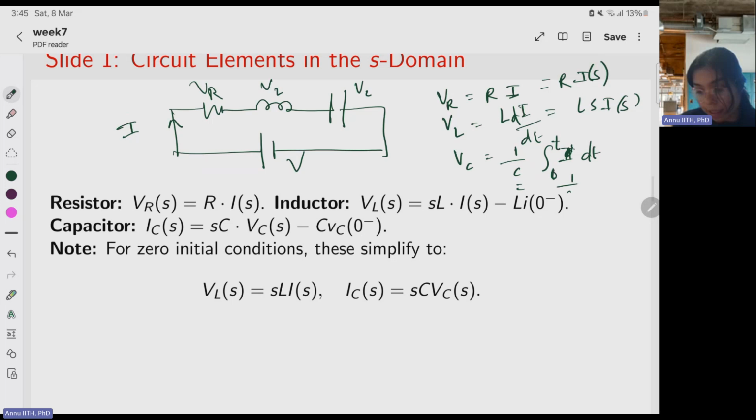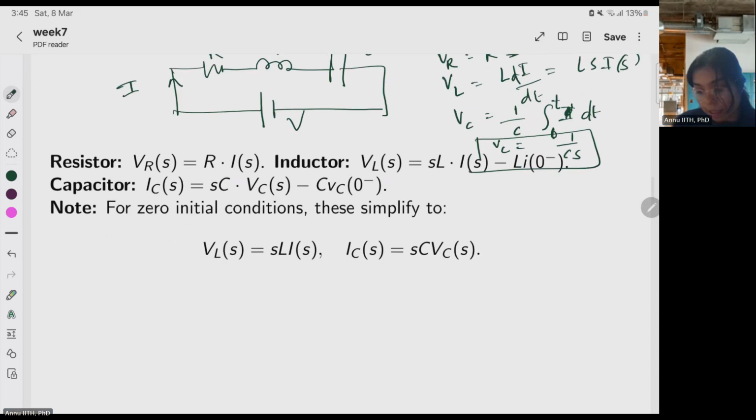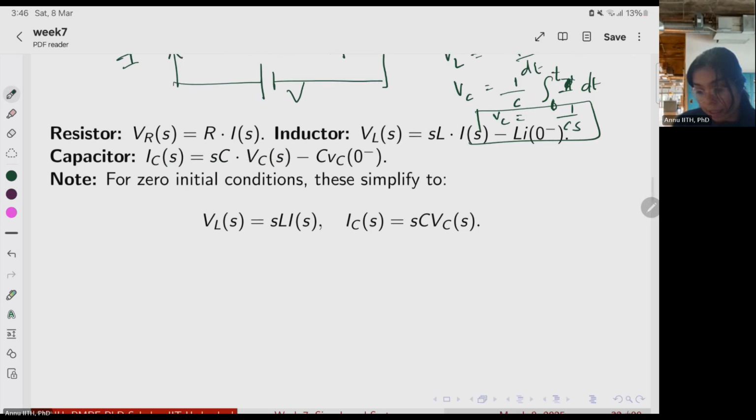In that case, you can write 1 upon C for V_C, because integration leads to 1 upon S, which means it is leading to 1 upon CS.